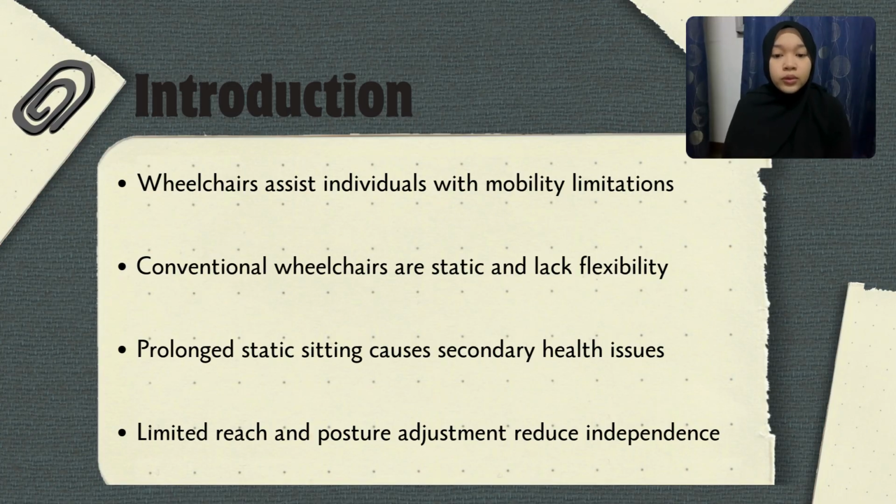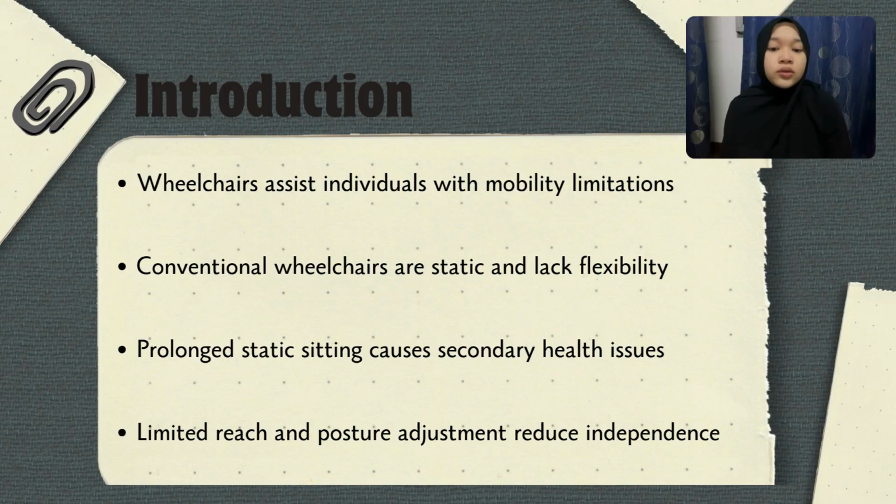Studies show that persons disabled and stuck in a static position suffer grave secondary morbidities, including tissue breakdown, shallow breathing, or swelling. Prolonged periods of sitting may lead to discomfort and an increased risk of pressure injuries if interface pressure is not properly managed.